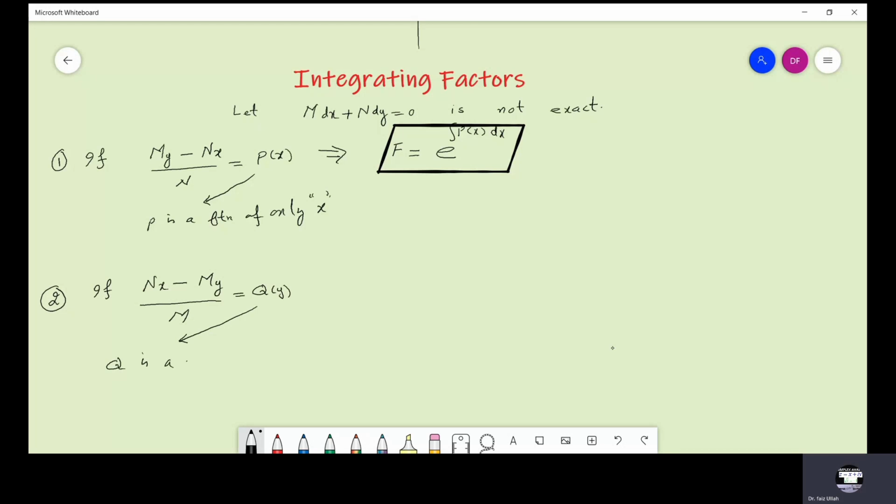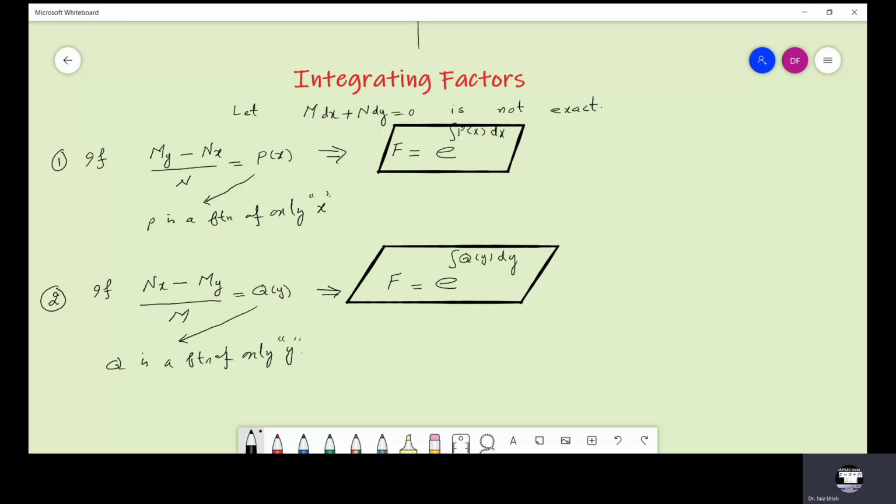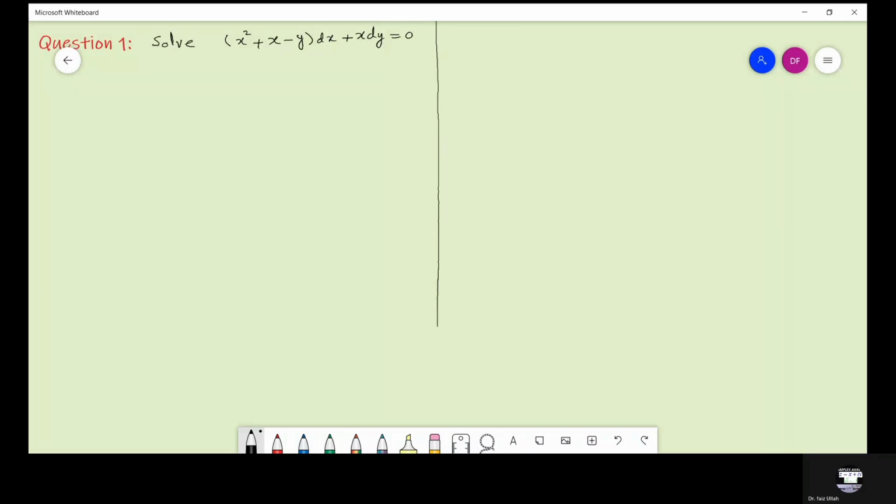There will be no x. In that case, the integrating factor for this differential equation is given by f is equal to e power integration of q of y dy. That will be the required integrating factor for that differential equation.